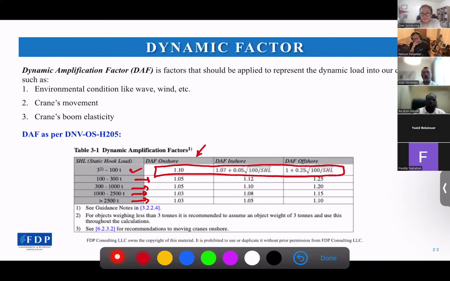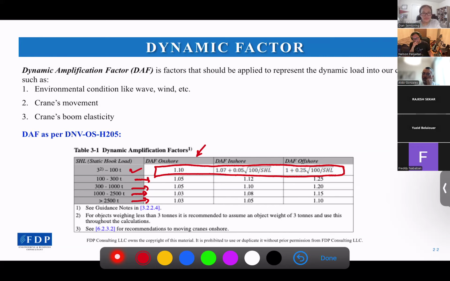So there, of course, a lot of equipment is coming for offloading from the sea, and also a lot from the pontoon. We will put one crane on top of the jetty, and we will lift from the pontoon or from the barge to put on top of the jetty, not the onshore platform. So in this operation, don't forget that we need to attach the offshore dynamic factor.